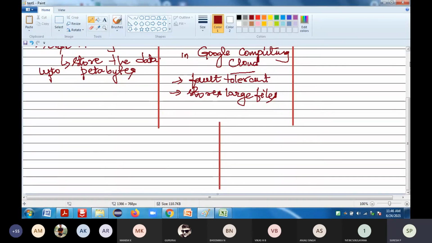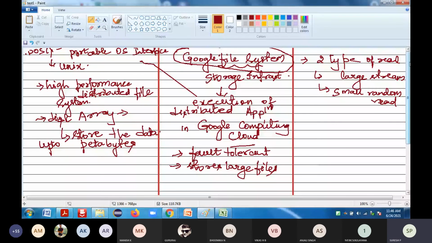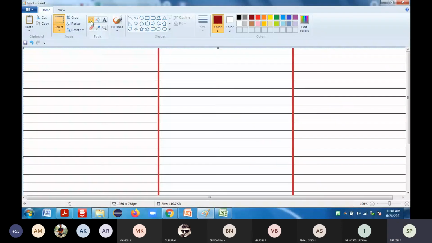Next is the Amazon Simple Storage Service, S3. It is an online storage service provided by Amazon Web Services.